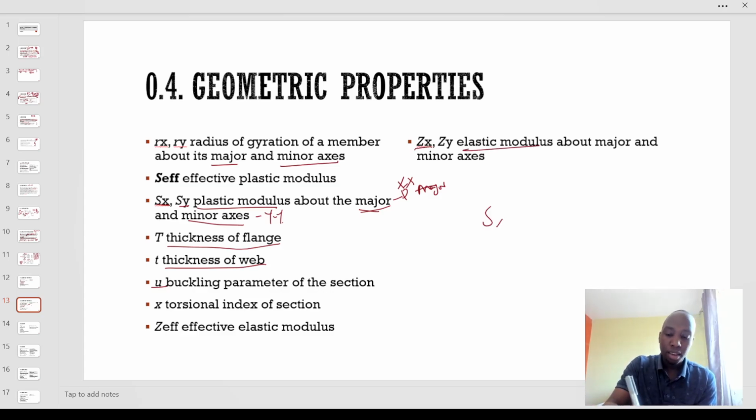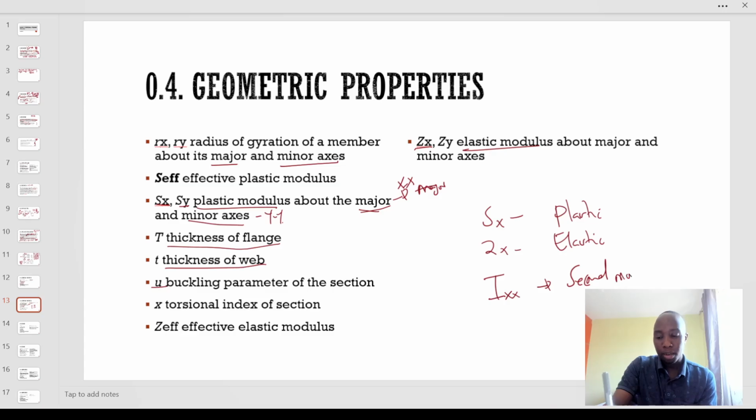So S is plastic, Z elastic. What we have, IXX was second moment of area. Very important. Plastic modulus, elastic modulus in major axis.